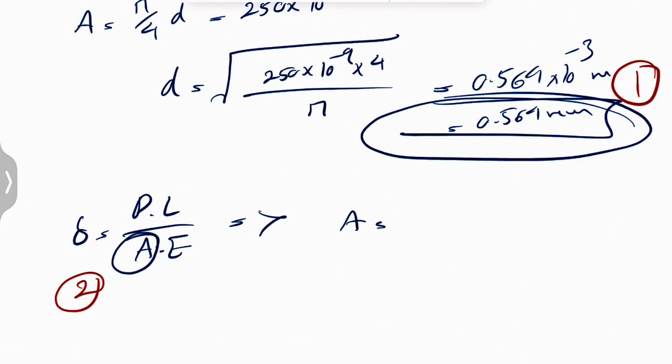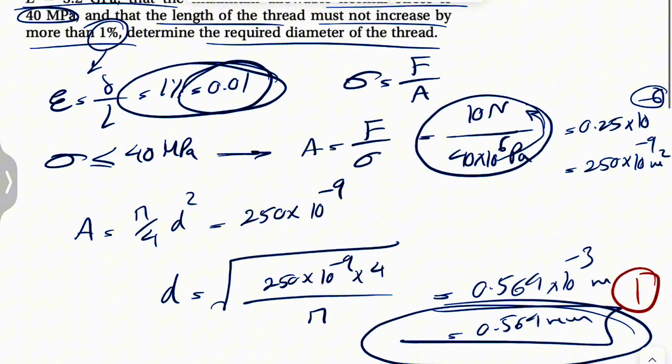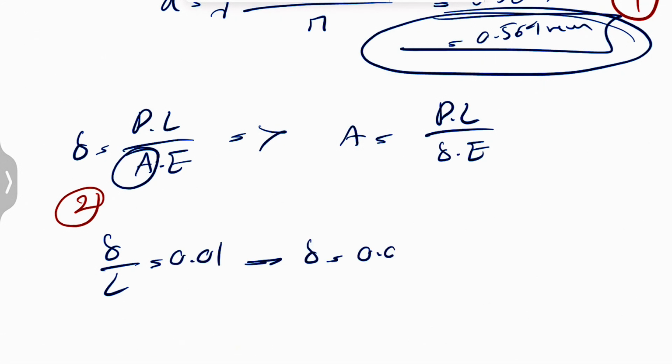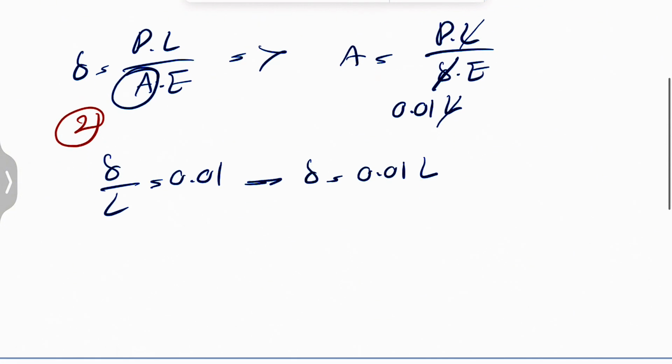If we want to find the area, we're going to have PL over delta E. And what we found is that delta over L is 0.01, so we can write that our delta is 0.01 L. If we plug that in, we're going to have L in the numerator and denominator, so we can cancel out the L and find the area.